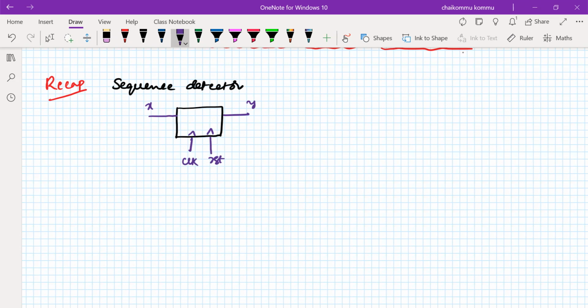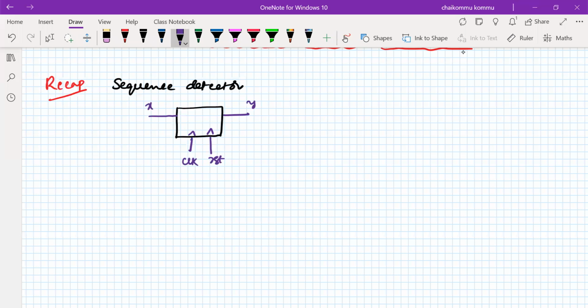For this one, the state diagram that we have given has S0, S1, and S2. For visibility purposes, I'm using red color. On 0 here, the output is 0.